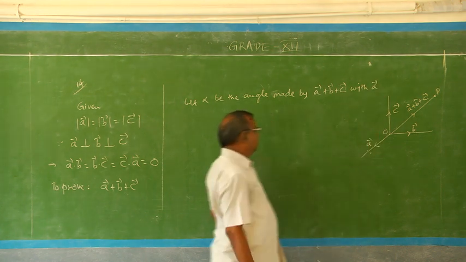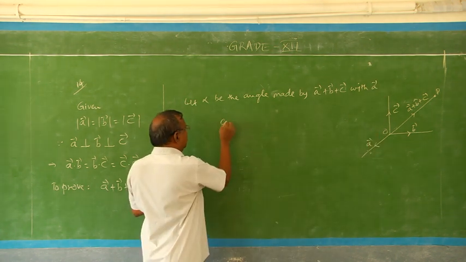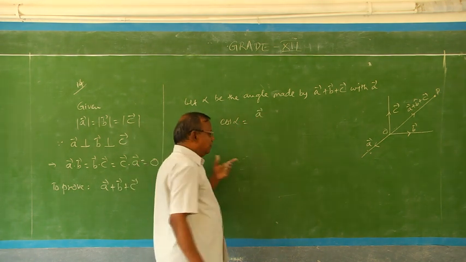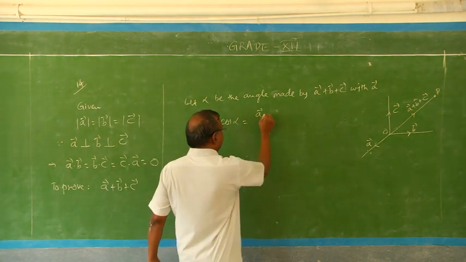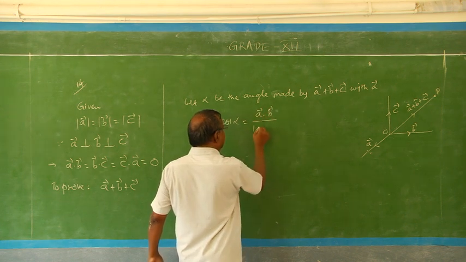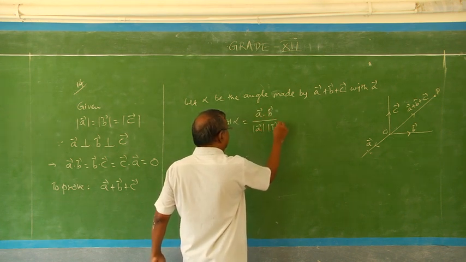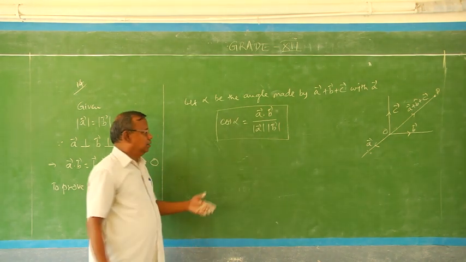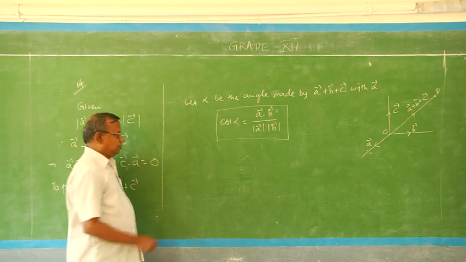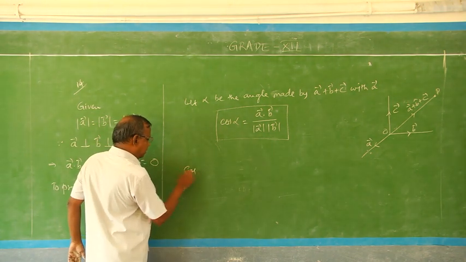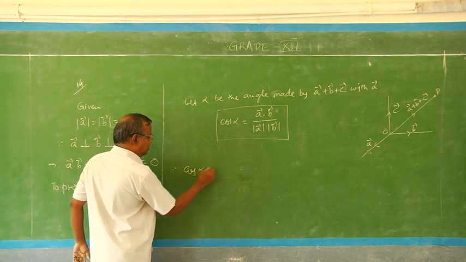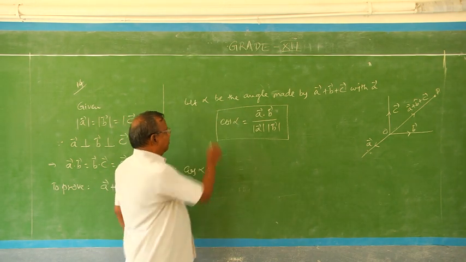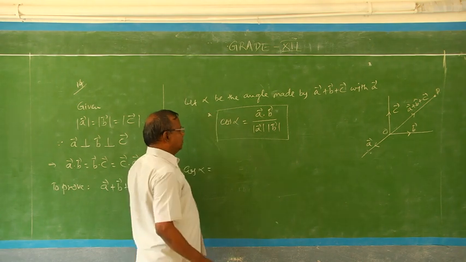According to the formula, if we have two vectors a and b, then cos of the angle is a dot b divided by modulus of a into modulus of b. This is already known. This is the formula for finding the angle. So don't confuse it with the other one. Okay, don't get confused.